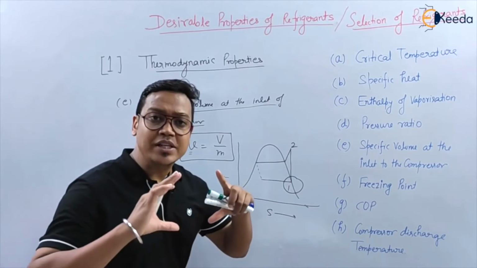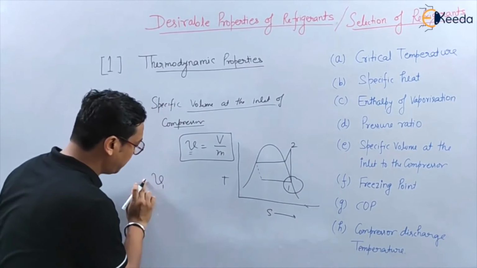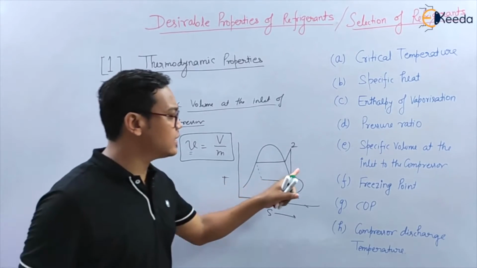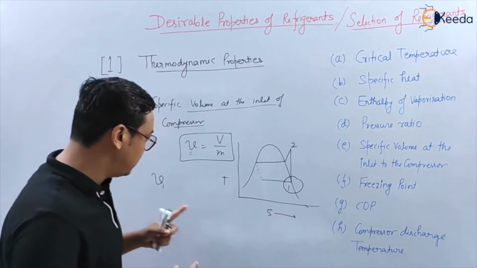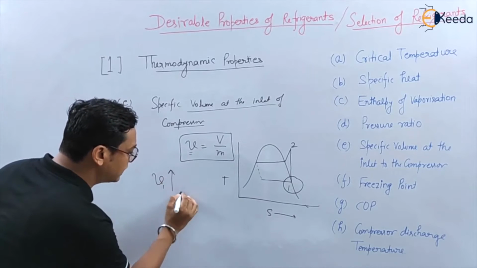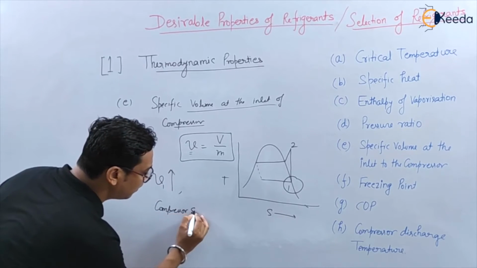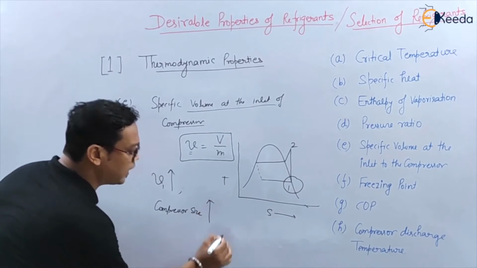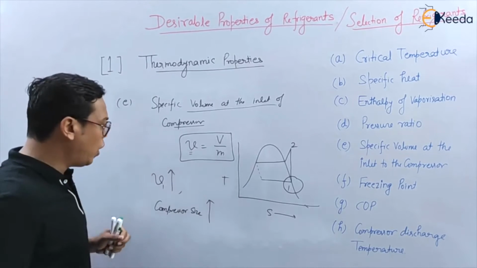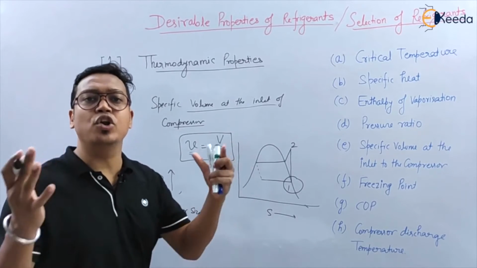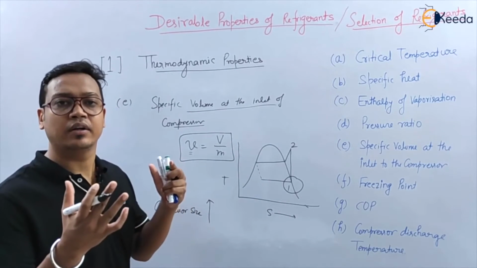If this volume is very high, in that case compressor size will also be very high, because compressor has to handle a very large volume of vapor.